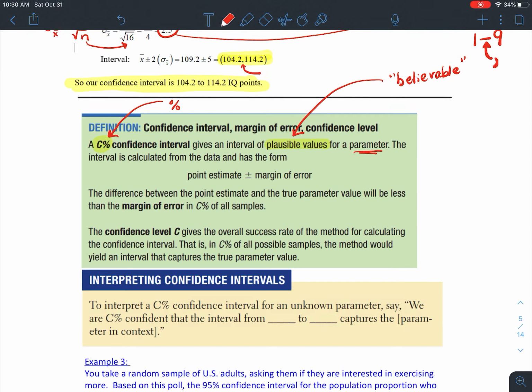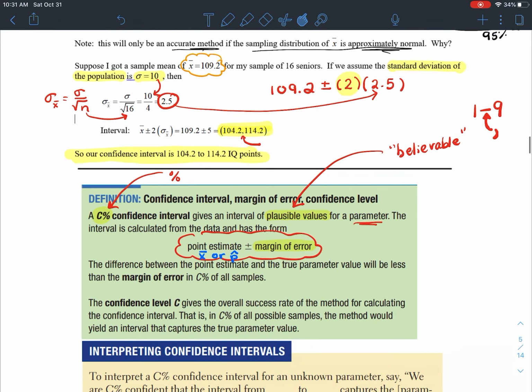The interval is calculated essentially using this generic formula right here. You're going to take your point estimate, and for us, that's either going to be our sample mean, X bar, or our sample proportion, P hat. And you're going to add and subtract a margin of error. Now, look back at the example that I just did.